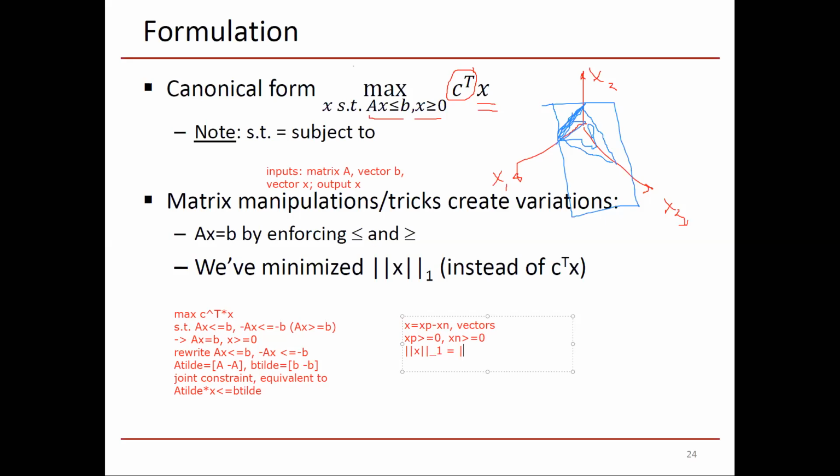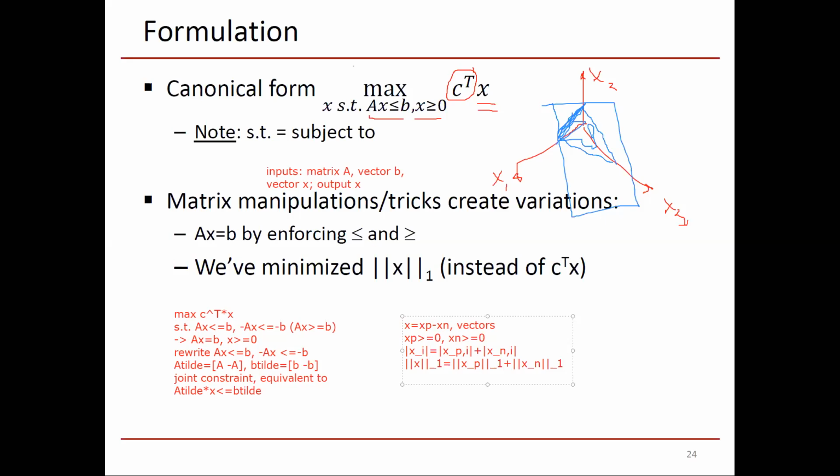If one of them is positive and the other one is 0, then Xi in absolute value is XPi in absolute value plus XNi in absolute value. As a consequence of that, the L1 norm of X is the L1 norm of XP plus the L1 norm, excuse me, of XN.